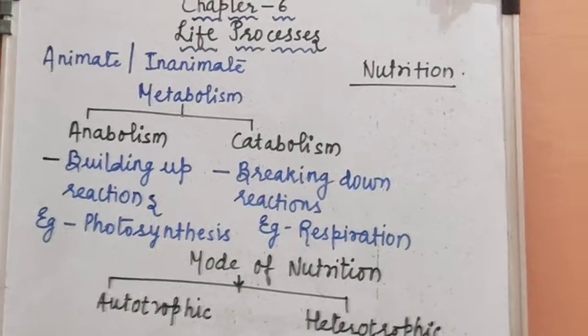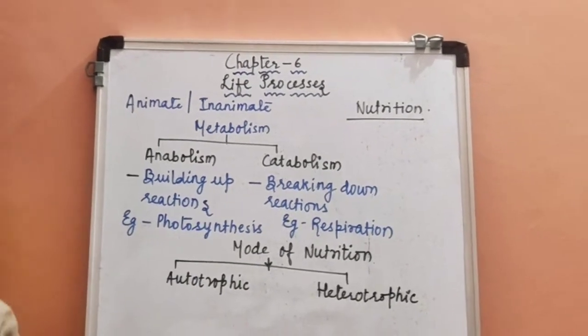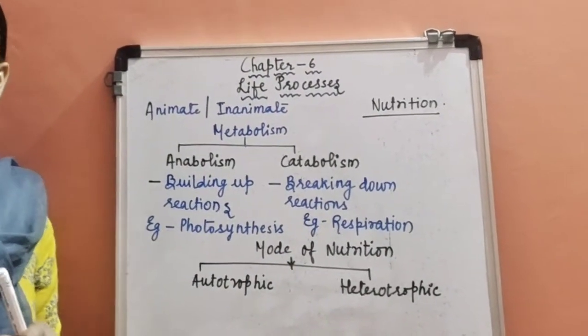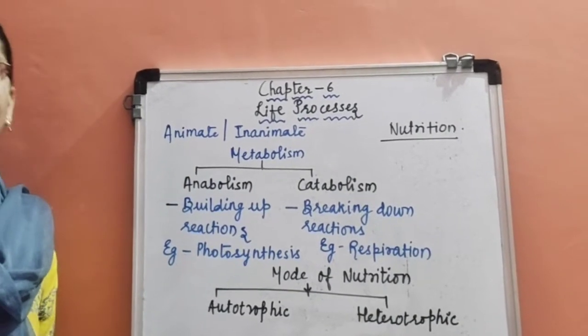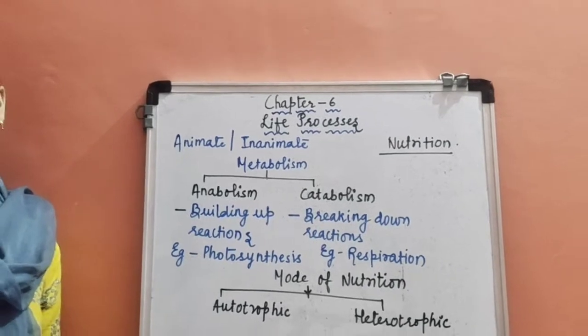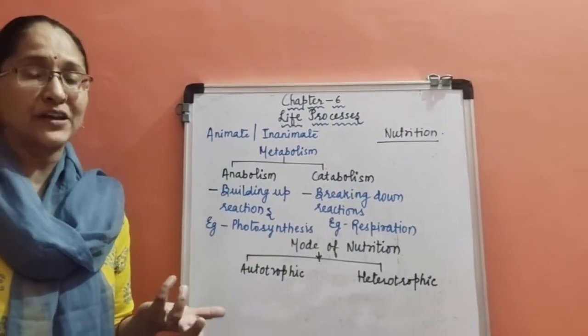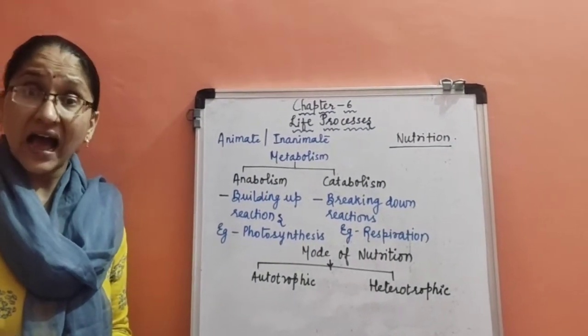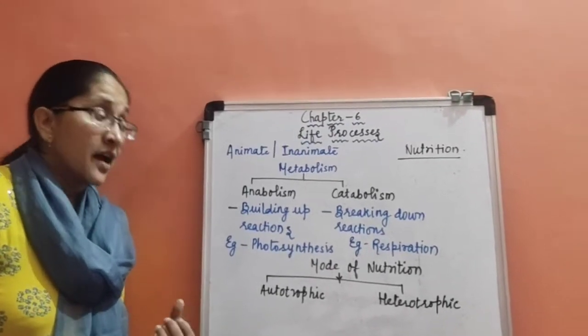Auto refers to self and hetero refers to non-self. So the autotrophic mode of nutrition is where organisms can prepare their own food with the help of processes like photosynthesis, for example green plants or blue-green algae, that is cyanobacteria.